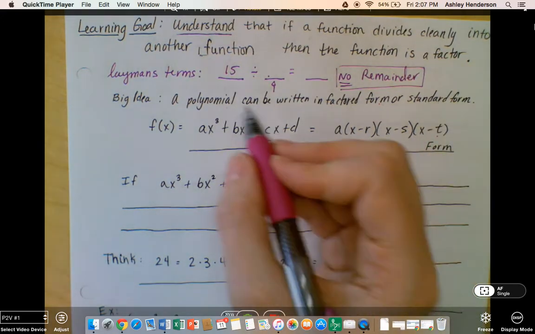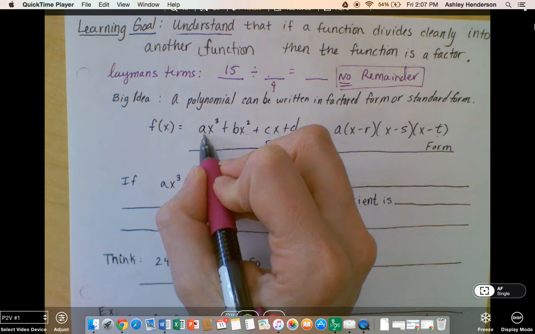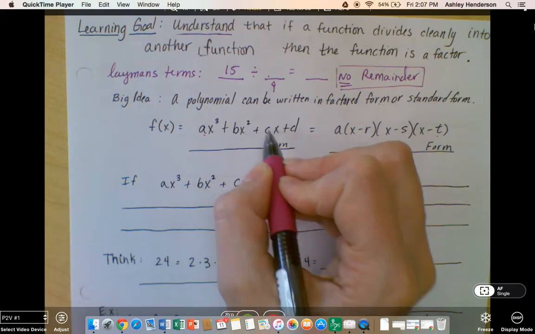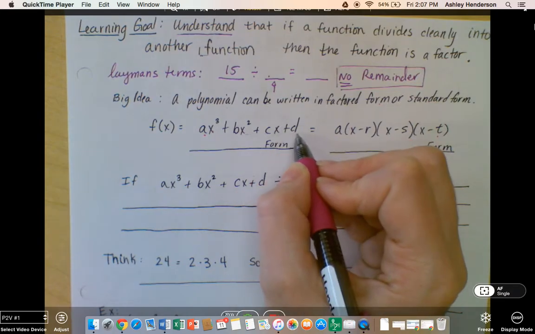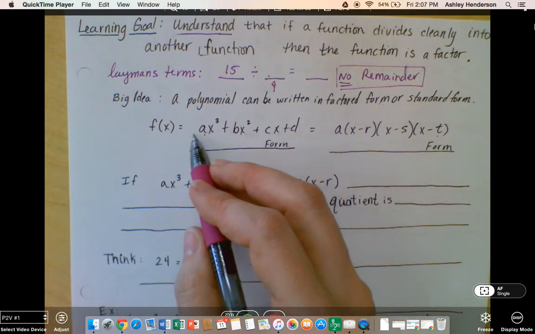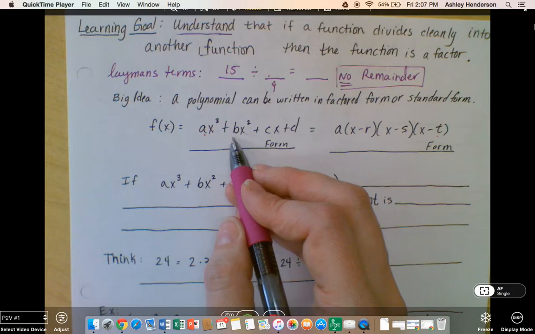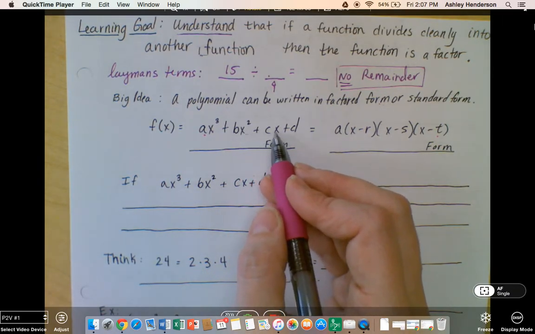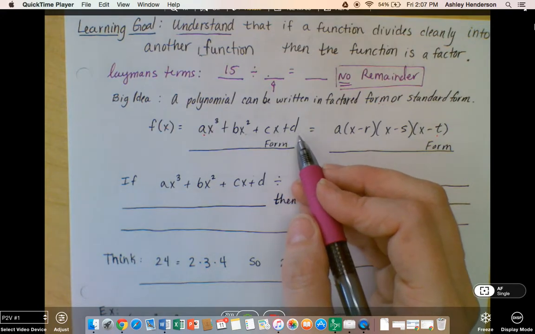standard form. So all functions where we have this ax cubed, bx squared, cx to the first, d, or if this were ax to the nth, bx to the next one down from that, c the next one down, d maybe the next one down from that.